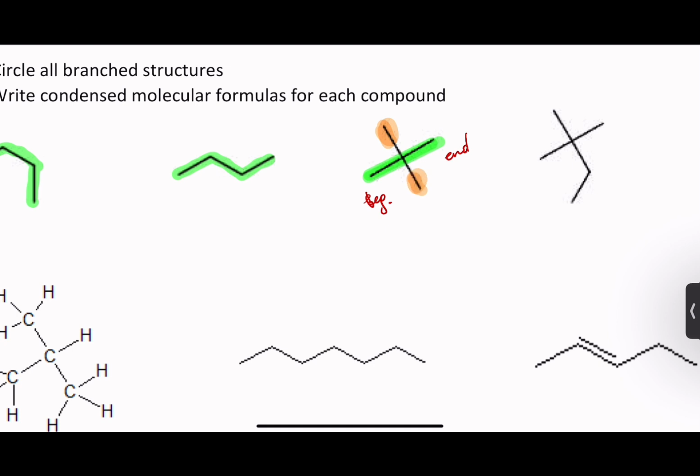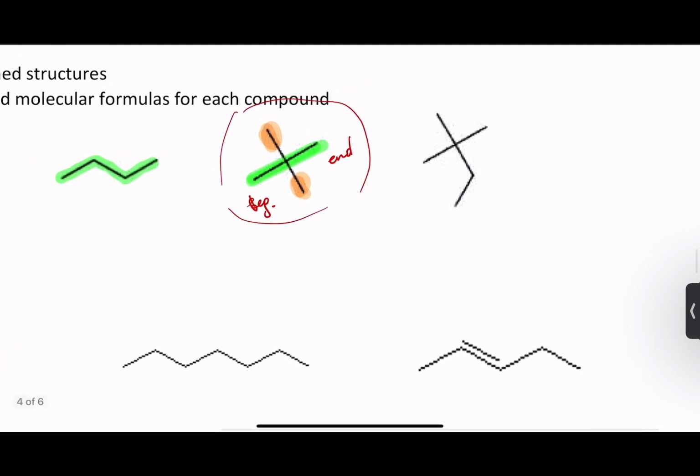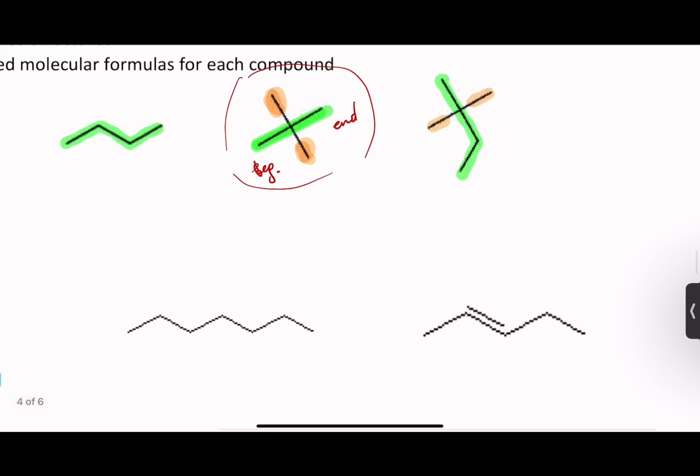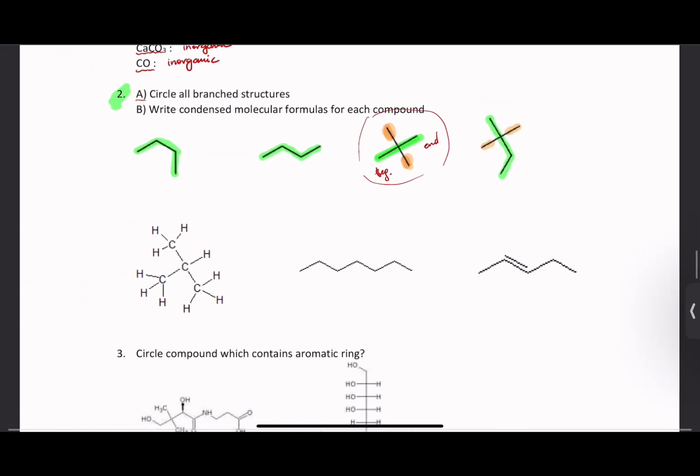So this one is branched, and I'll circle it like this. And for this one on the right, the longest chain is this, but I have two branches. I couldn't cover them when I went through the longest chain.